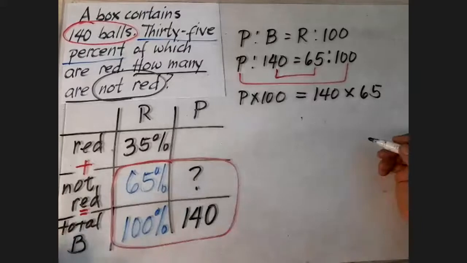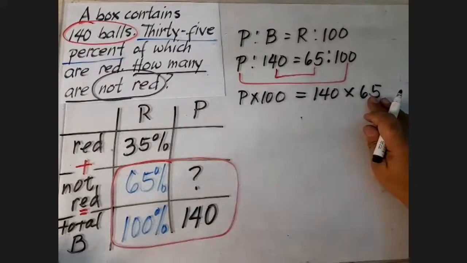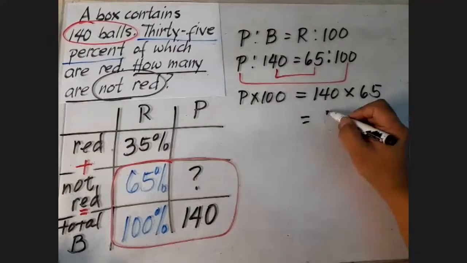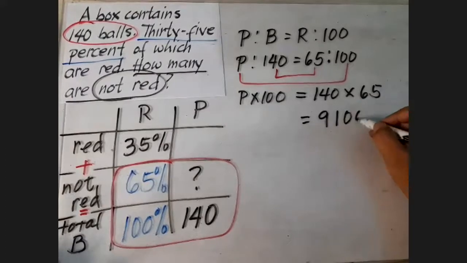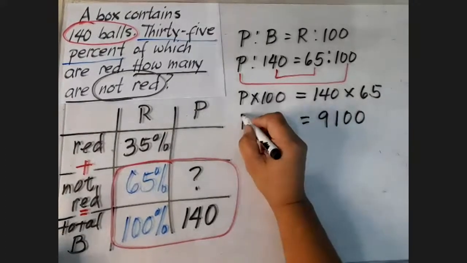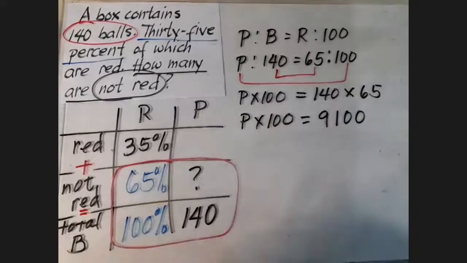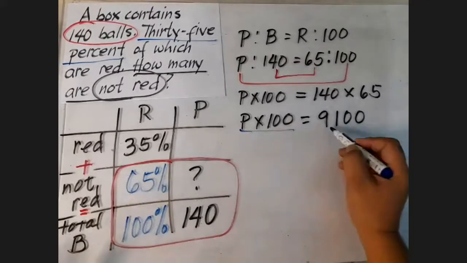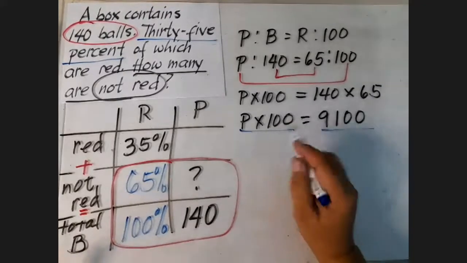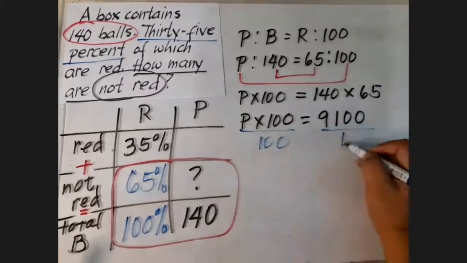Okay? And what is 140 times 65? It's 9,100. And that is P times 100. We now solve for P. To do that, we divide each side by 100.